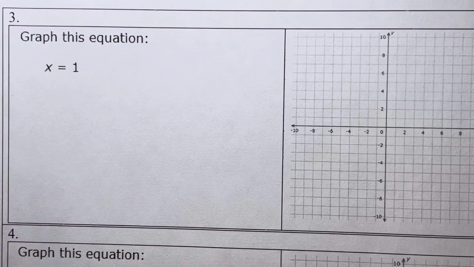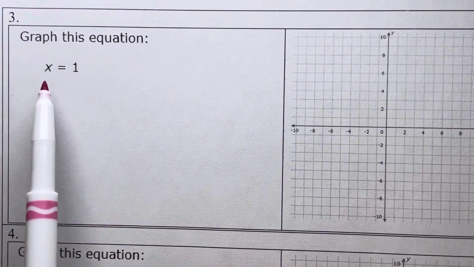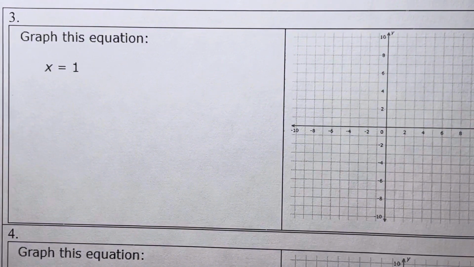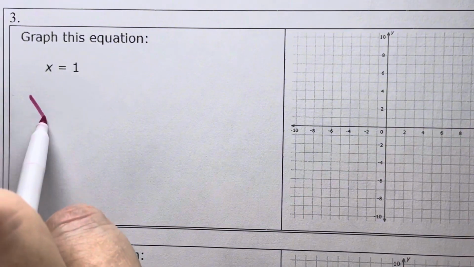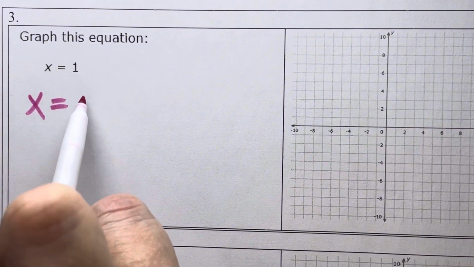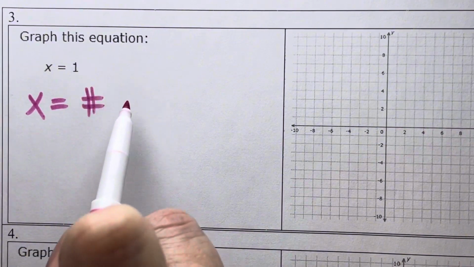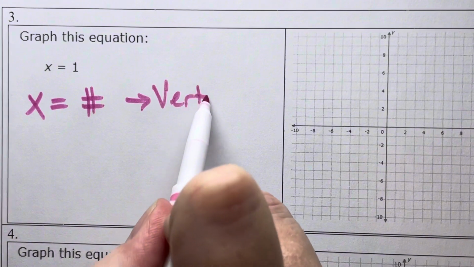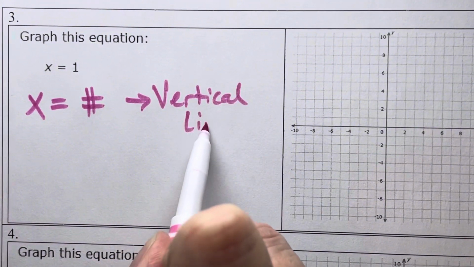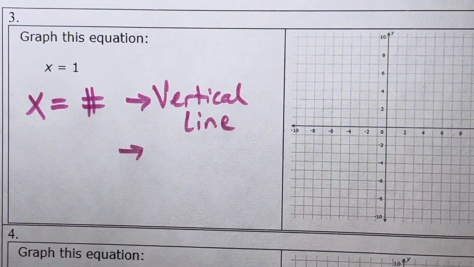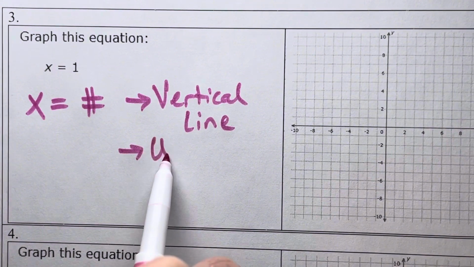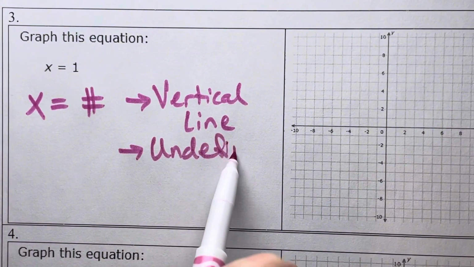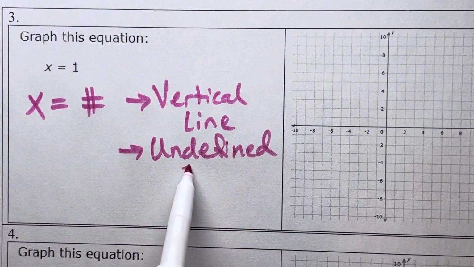Example 3, we're going to graph the equation where x is equal to 1. In the introduction, we learned that any equation that is x equaling a number is going to be a vertical line. And in the introduction, we learned that all vertical lines have an undefined slope.